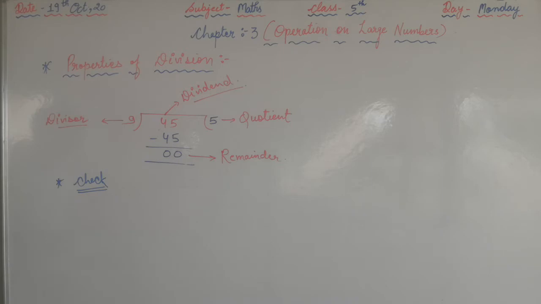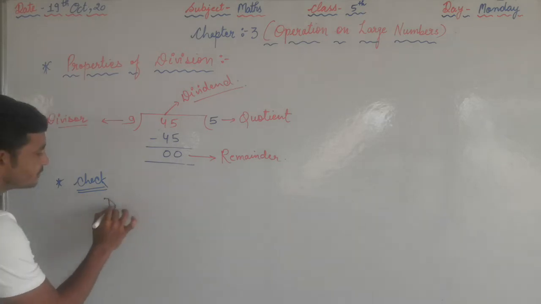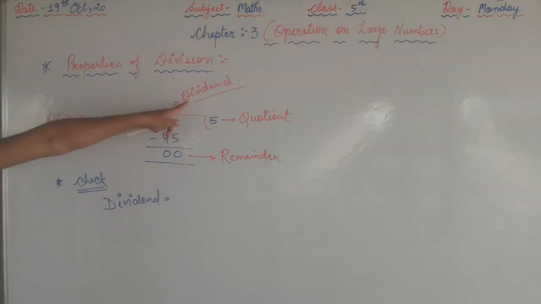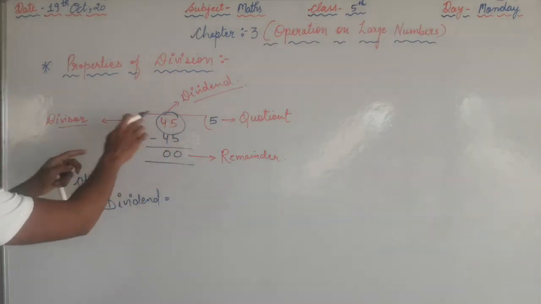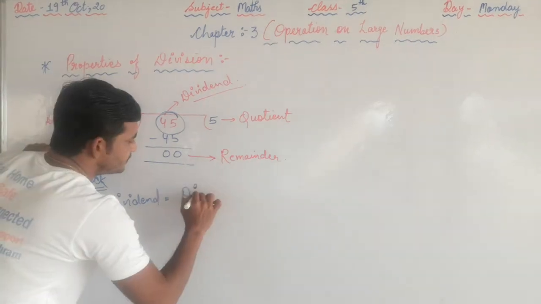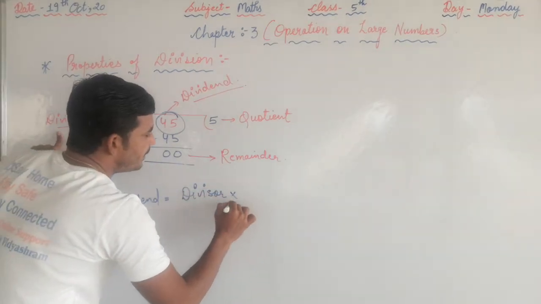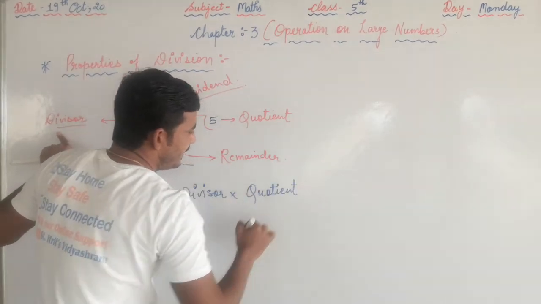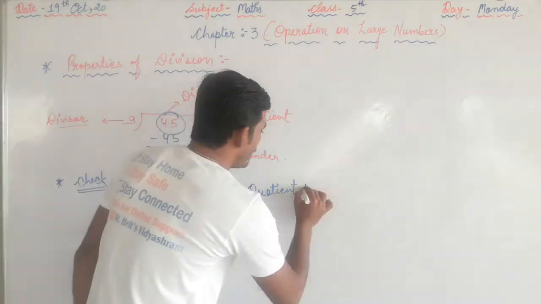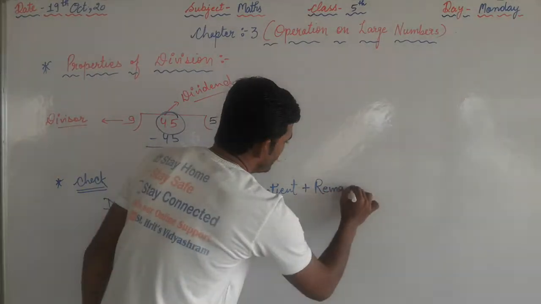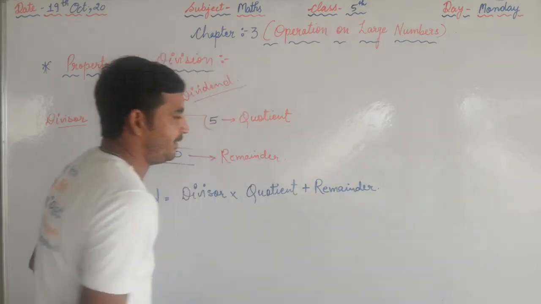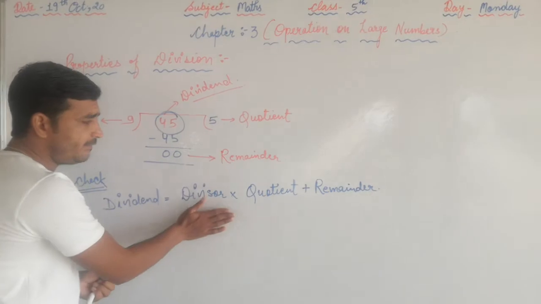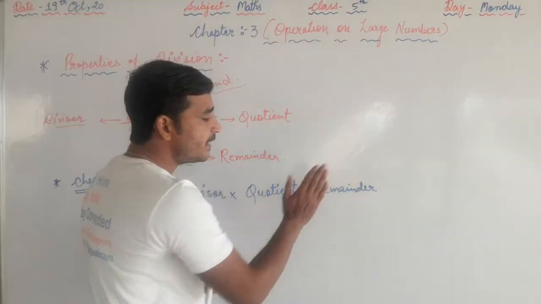Dividend equals divisor multiplied by quotient, plus the remainder. A very important formula.